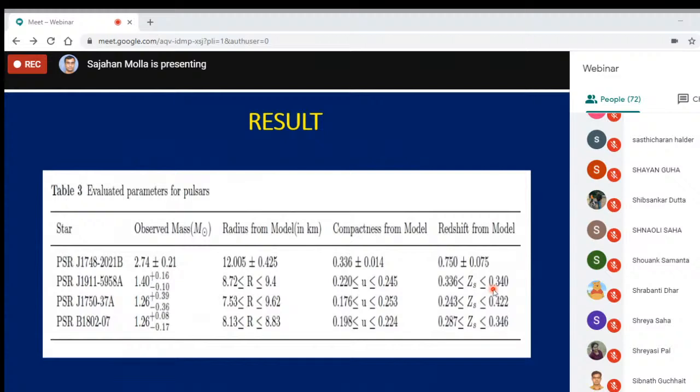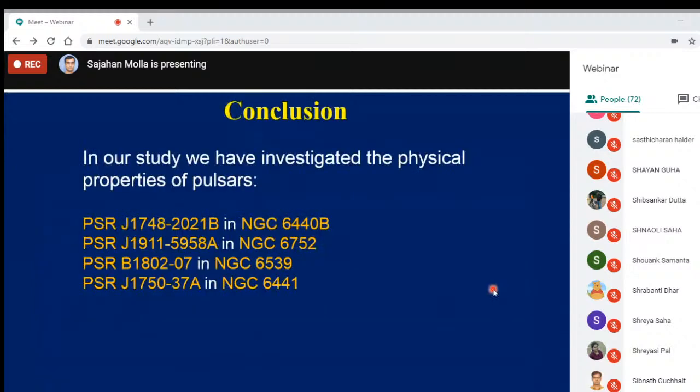We have studied the physical properties of the four mentioned pulsars located in four different galaxy regions, and they satisfy all the stellar conditions. We have found their basic properties, that is their radius, compactness, and redshift, in our study.